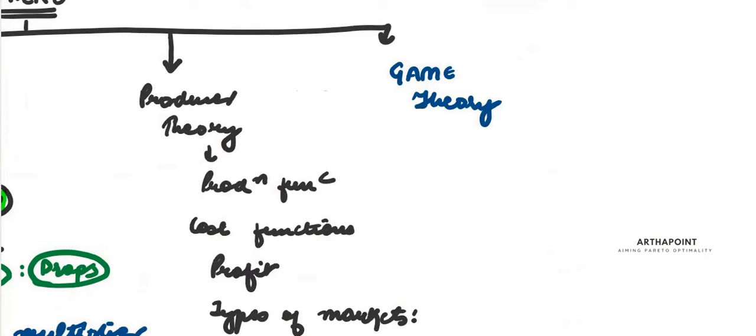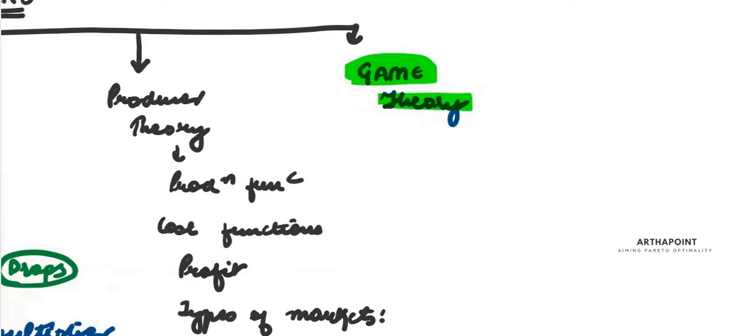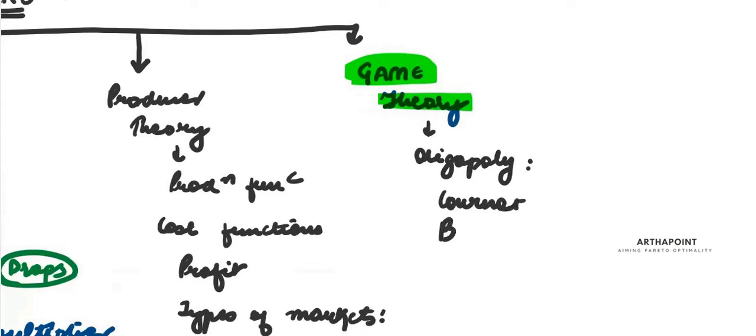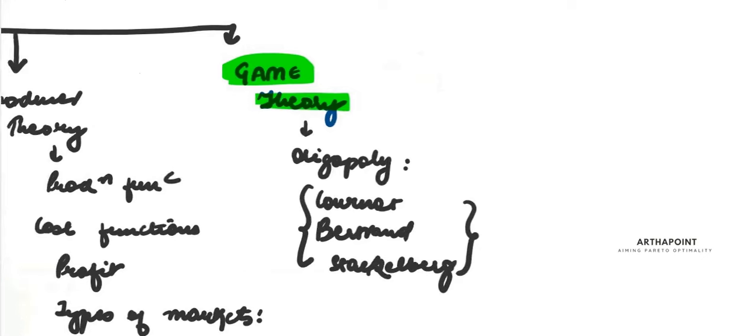You know, different people like different orders. Usually people introduce game theory at the very last, but I like to do game theory earlier in my course structure, because one of the major applications of game theory is oligopoly, in which you have to do Cournot, Bertrand, Stackelberg. And these three applications, they definitely come in the exam.